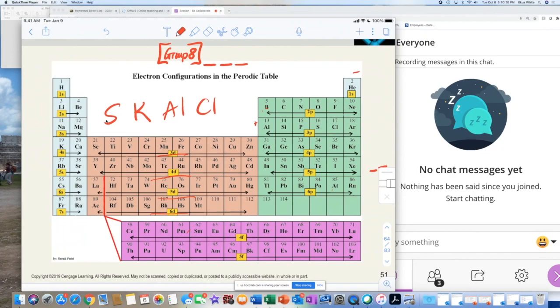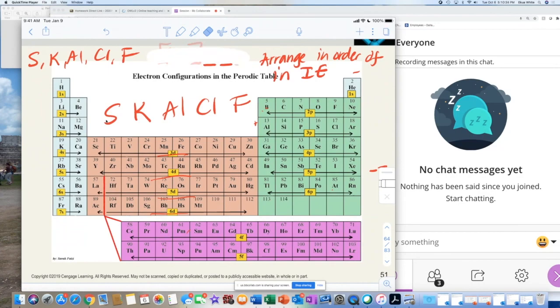And fluorine. Let's go with that. Okay, so for these, I would say arrange in order of increasing ionization energy. And this is a list: sulfur, potassium, aluminum, chlorine, and fluorine.